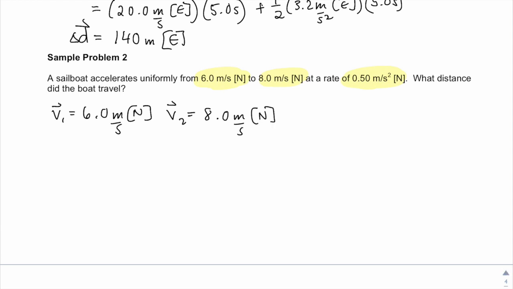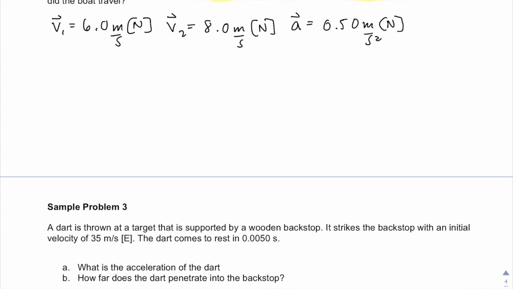And finally, we're given acceleration, which is 0.50 meters per second squared north. And what they want us to find is the distance this object travels. Since the distance is in a straight line, it would be equivalent to finding the displacement. So we have V1, V2, A, and delta D.